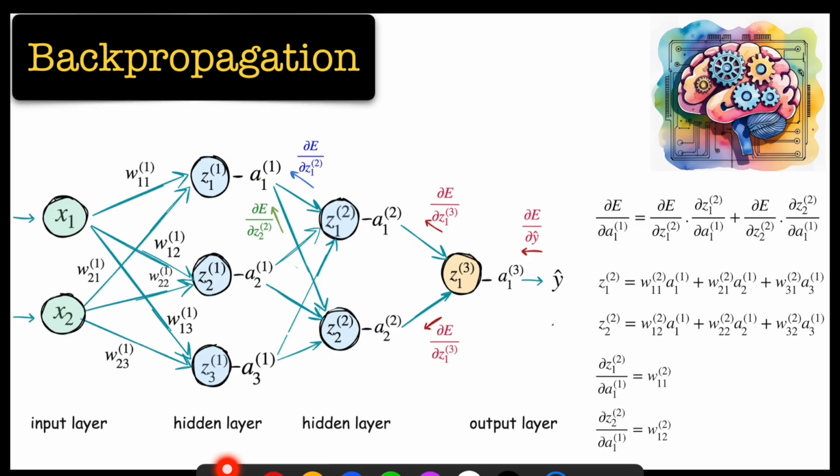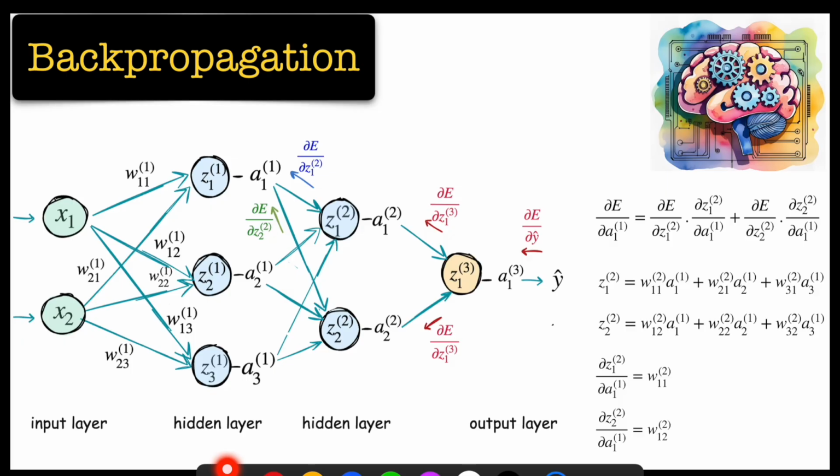So del E del A11 will be del E del Z12 times del Z12 del A11 in this path, plus del E del Z22 times del Z22 del A11 in this path. So we calculate in both the paths and take the summation.